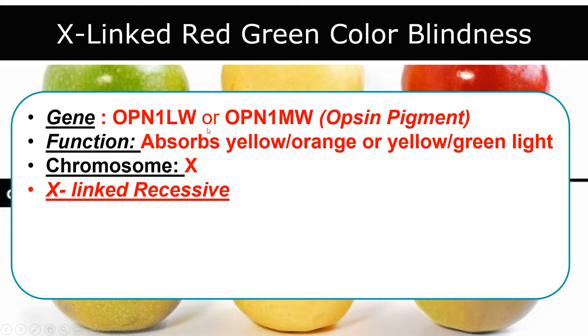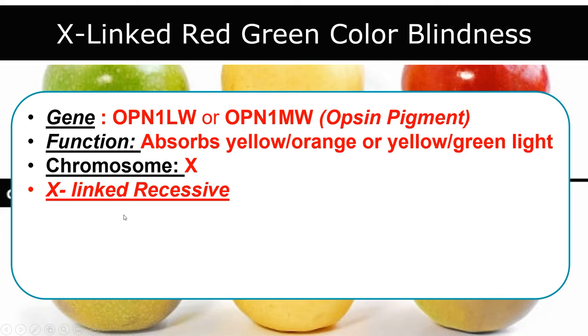So this protein either absorbs yellow or red light, and it allows you to discriminate between them. So this gene is X-linked, and like most mutations, this one is caused by recessive mutations.